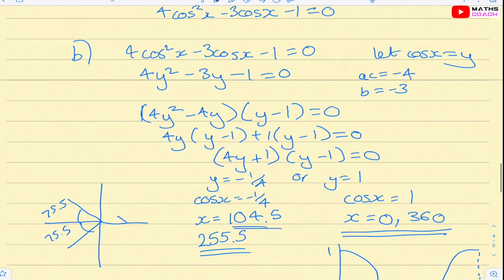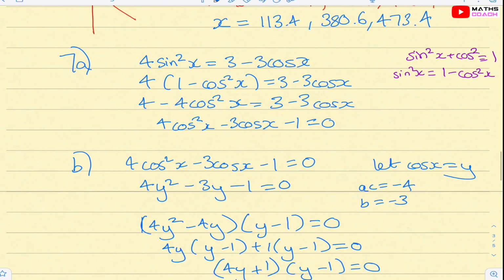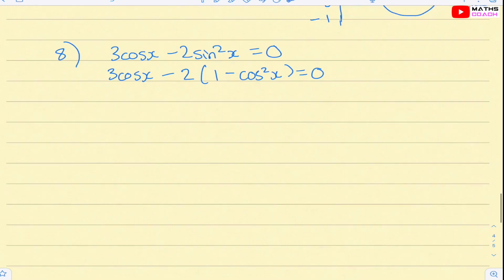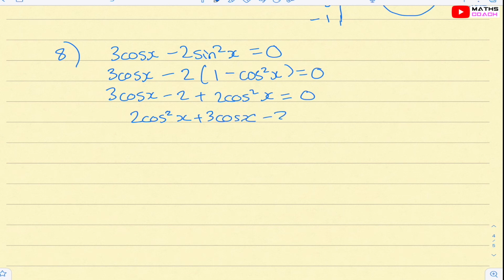What we did here, where we remembered the trig identity, we're going to do exactly the same. So 1 minus cos squared. And then you just expand the brackets: 3 cos x minus 2 plus 2 cos squared x. So once you've got this, you've got 2 cos squared x plus 3 cos x minus 2 equals 0.